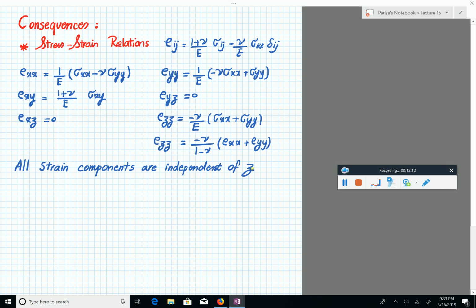And this is what you would expect because of linear elasticity. So they are only functions of x and y.